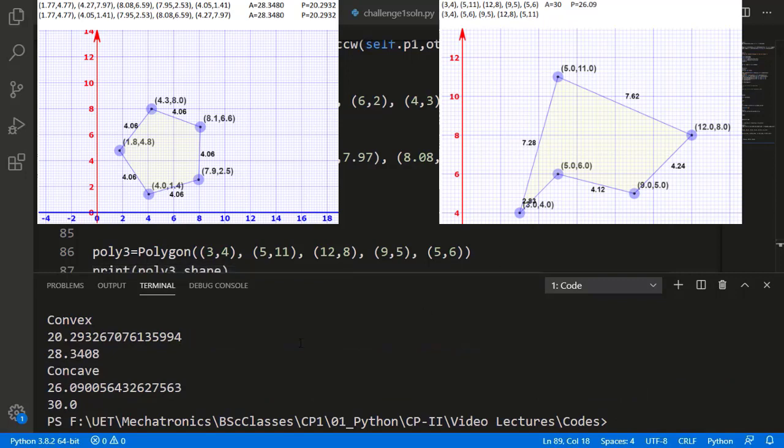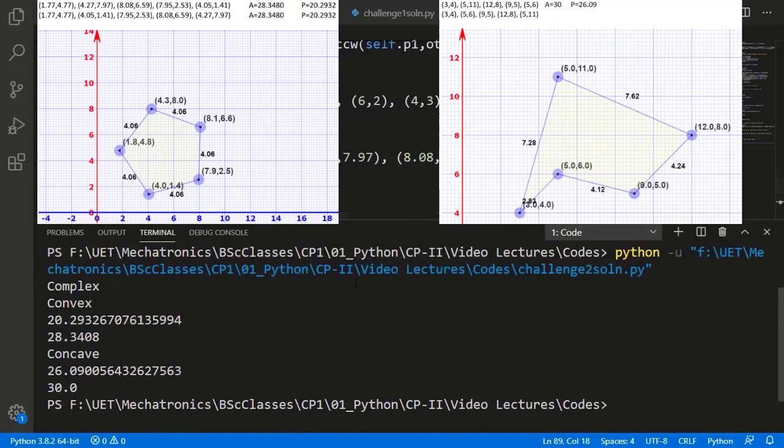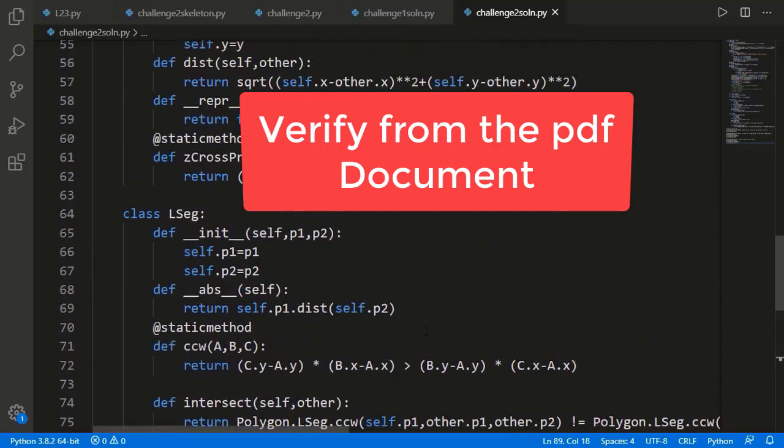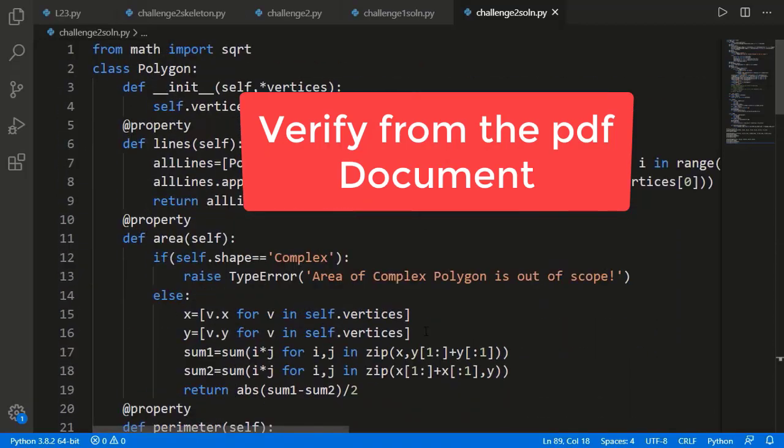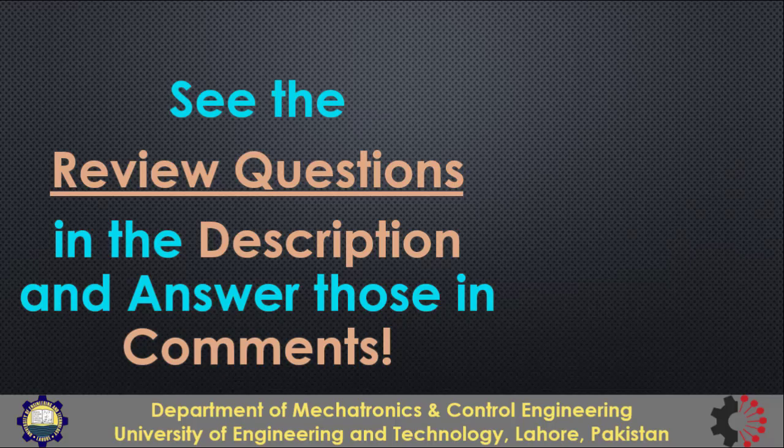It is correct for both polygons. You should check for other polygons in both clockwise and counterclockwise directions and you will get the correct results. In case of something different, please let me know in the comment section.